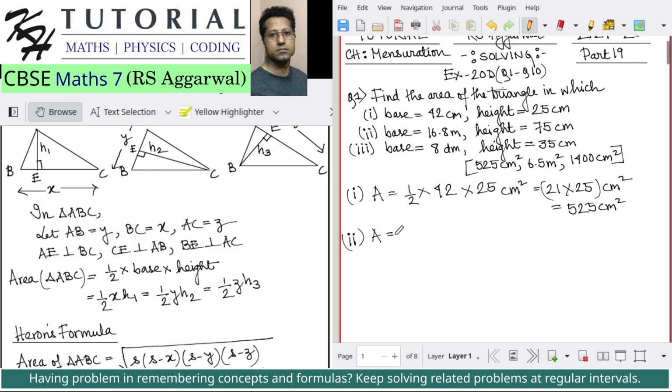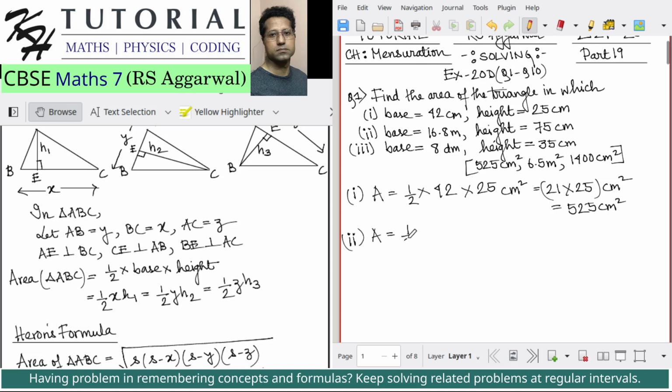area, the base is given as 16.8 meter and the height is given as 75 centimeter. But the answer area is given in meter square. So it is better we convert the height centimeter in meter.